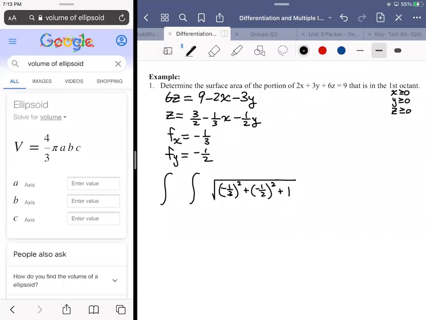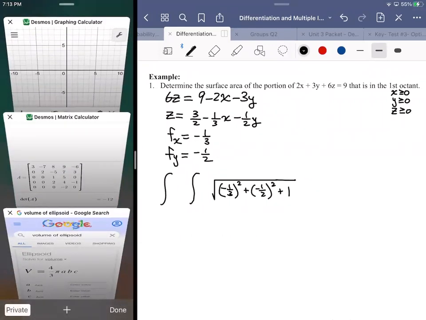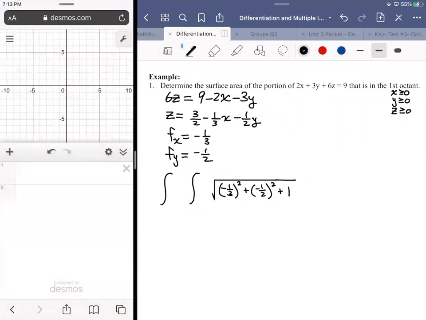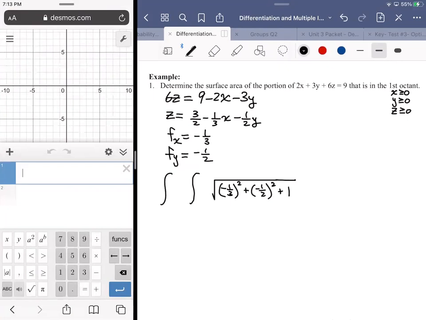Is it most appropriate to work in terms of rectangular coordinates, polar coordinates, cylindrical coordinates, or spherical coordinates? So I'm going to take note of my bounds here. First off, they're constant bounds. Looking at the floor, the xy plane, constant bounds lend themselves to rectangular coordinates.